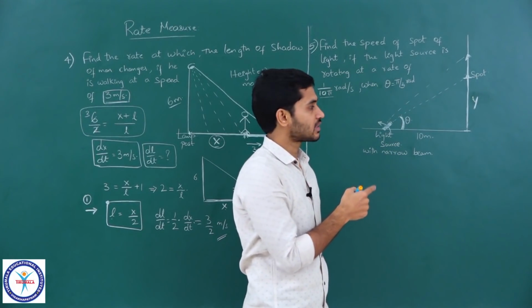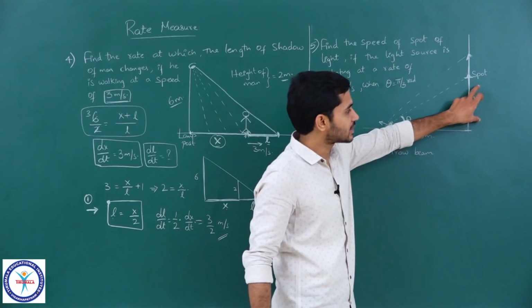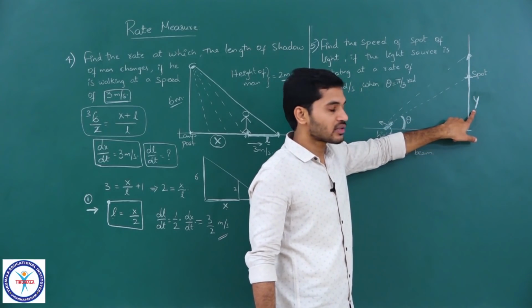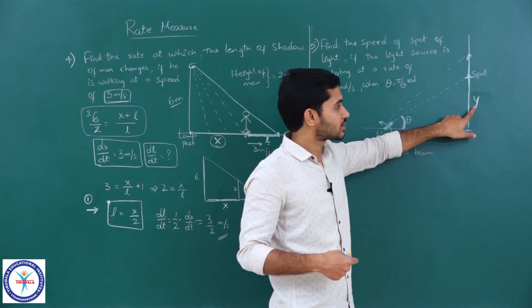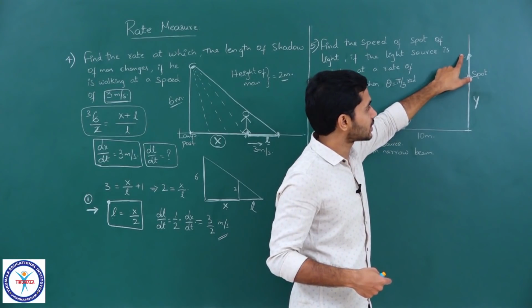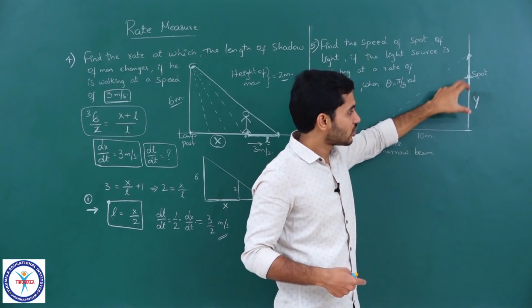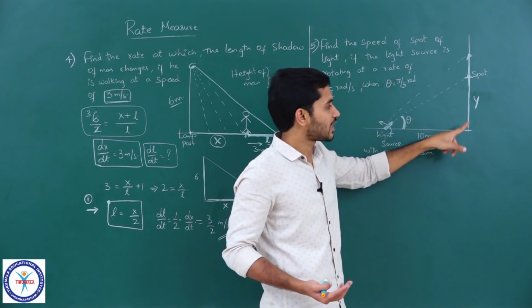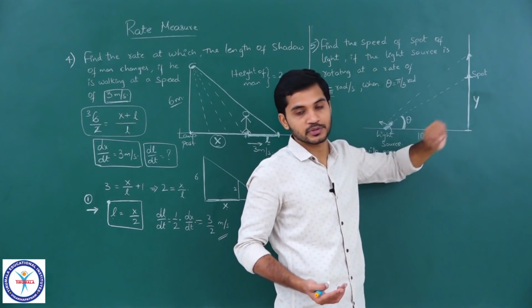And why did I take that? Think about that first. Because can I say the rate at which this variable changes is the speed of spot of light. So, whatever speed that this spot of light travels with will be the rate at which y changes, correct, students. So, that is why I have taken this as my variable.